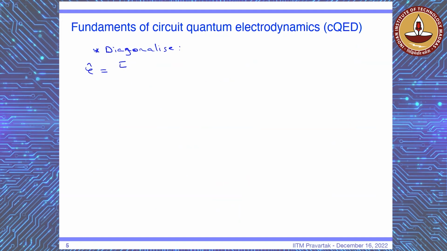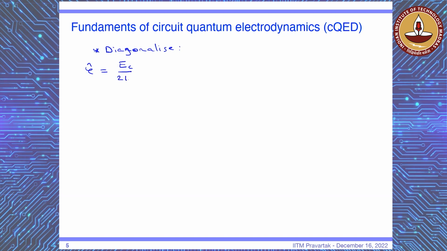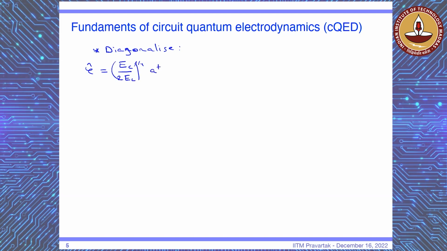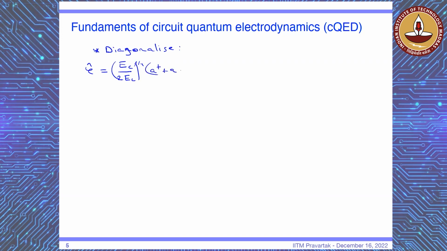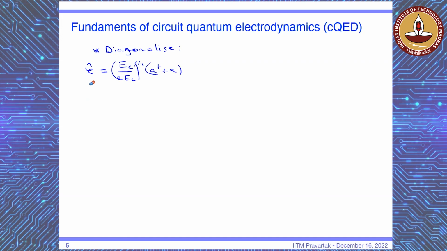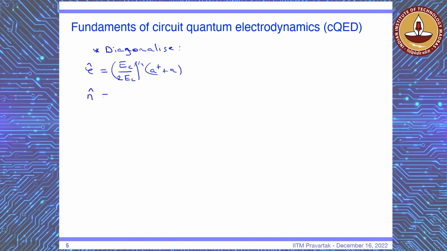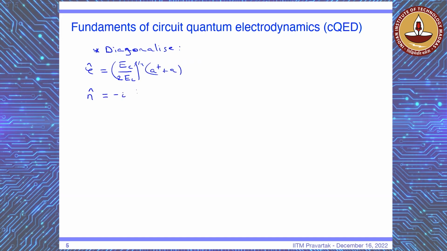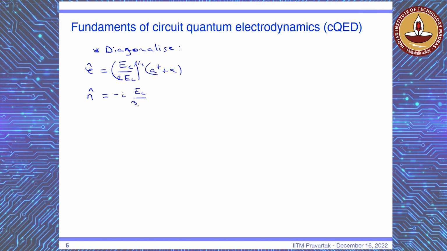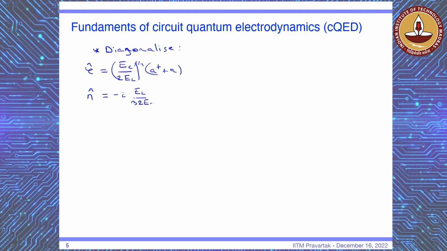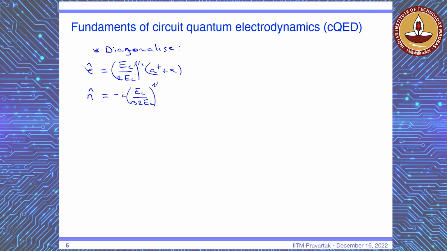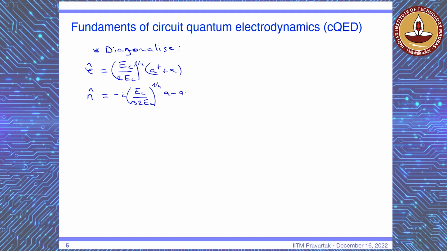Basically, just a constant times EL to 1/4 (A plus A dagger), and charge, or sorry, it's not charge anymore. We're using N, number of pairs, exactly. This is minus i times EL over 32 EC, times (A minus A dagger).